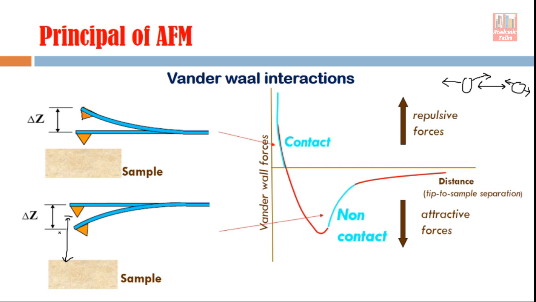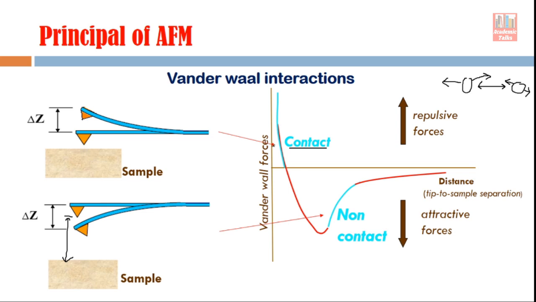One more thing, when the gap between this tip and sample surface is very small, repulsive forces are taking place, and that mode is known as the contact mode. So you can see here, even in the contact mode, the tip is not touching the sample surface. Physically they are not in contact with each other.